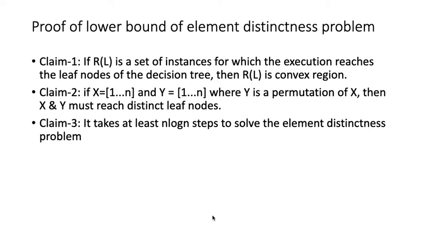Claim 2 states that if X is a set of n distinct instances and Y is, again, a set of n distinct instances where Y is a permutation of X, then X and Y must reach distinct leaf nodes. And third, finally, we are going to prove that it takes at least n log n steps to solve the element distinctness problem. We'll be discussing all these claims in detail in the upcoming slides.